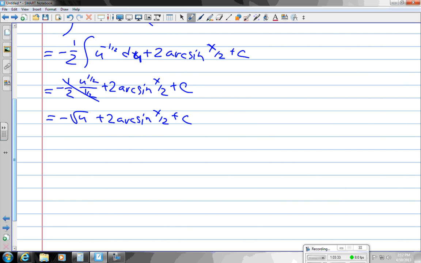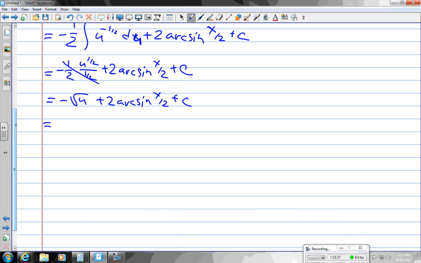And then substituting back, what was the u? 4 minus x squared. So that's that.